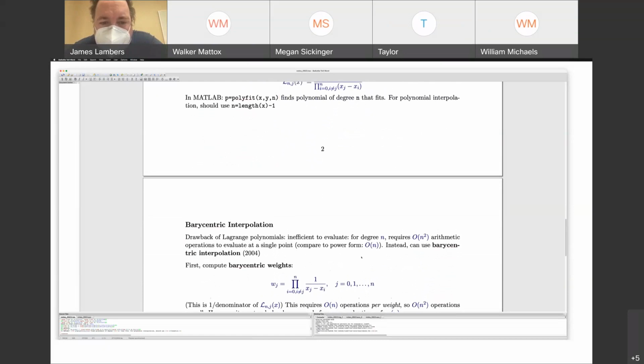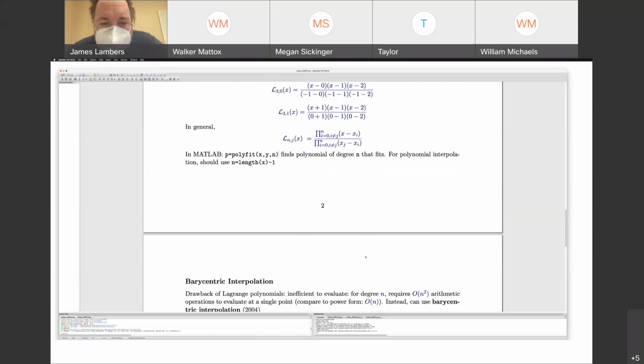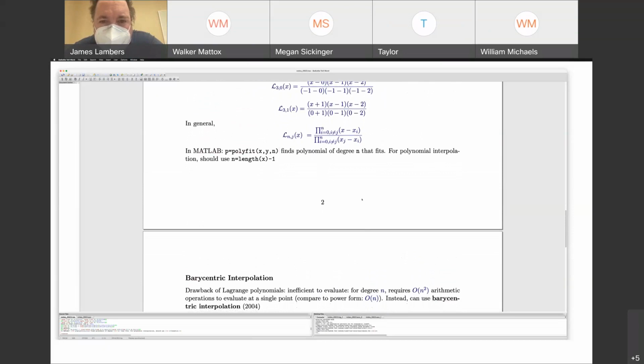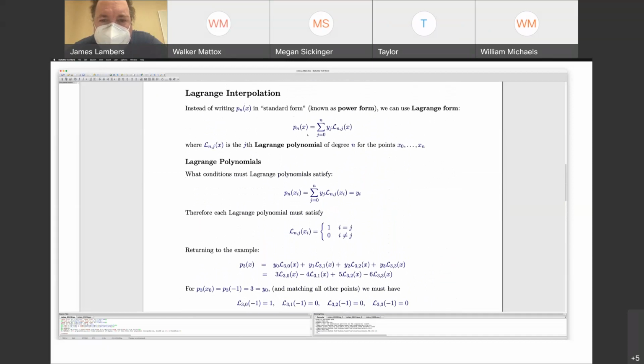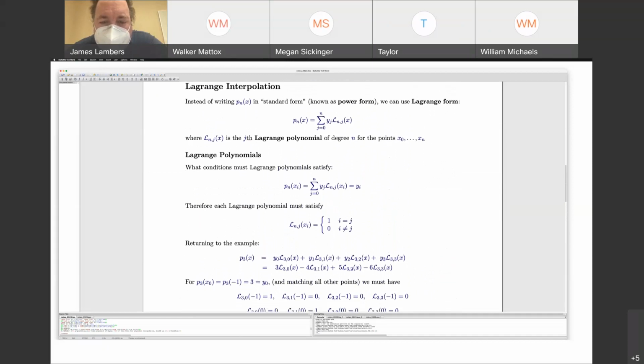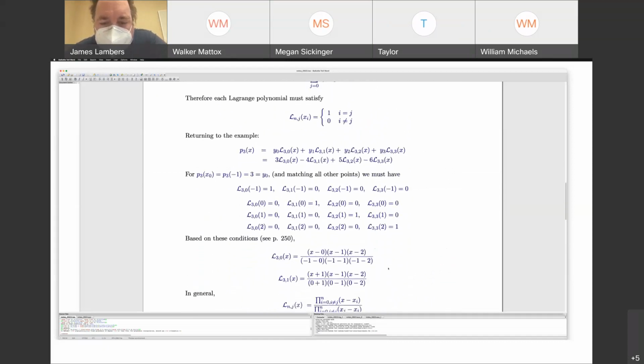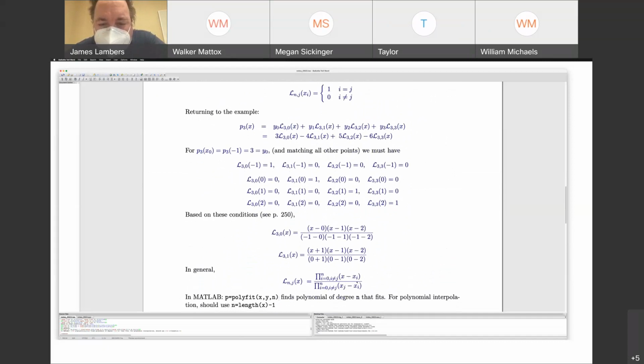Now, even though we're not incurring order n cubed operations to construct a polynomial in this manner using Lagrange polynomials, the problem is with the Lagrange polynomials in its factored form, if we want to evaluate the Lagrange polynomial, that's still not very efficient because for a polynomial of degree n, I'm still performing order n squared arithmetic operations just to evaluate these Lagrange polynomials.